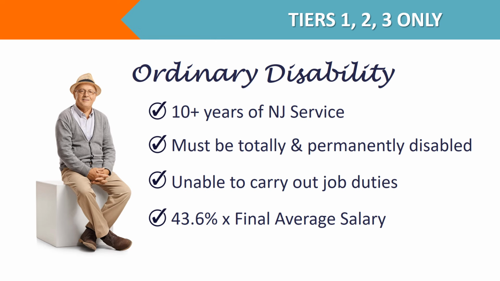The processing of this type of retirement takes approximately 6 to 8 months and is subject to approval. If you are approved for an ordinary disability retirement, your benefit will be equal to 43.6% of your final average salary. Please see the Disability Retirement Benefits Fact Sheet or the Online Guide to Retirement for more information.